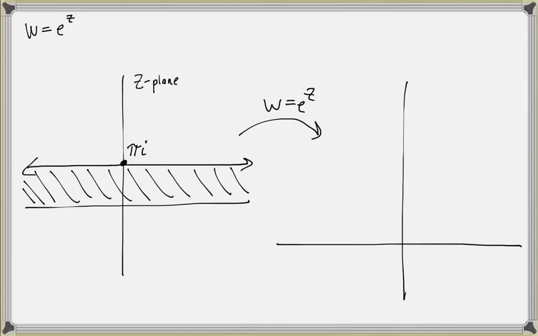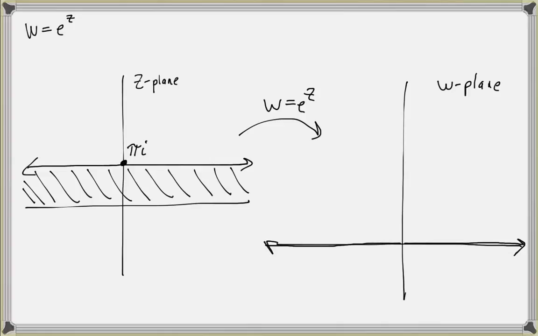So we see that the real line in the z plane would get mapped onto the ray starting at the origin and going to the right forever. And then the horizontal line y equals pi would get mapped to the negative real line in the w plane.